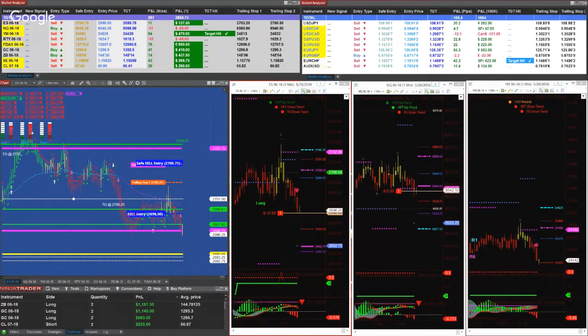The NASDAQ destination is 929.25. And the ES, I'm hoping for 26.92.75. Those are the targets. We just need a little movement.